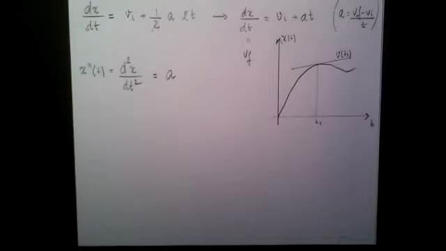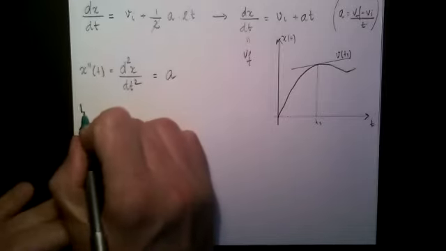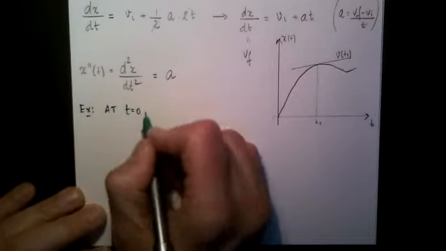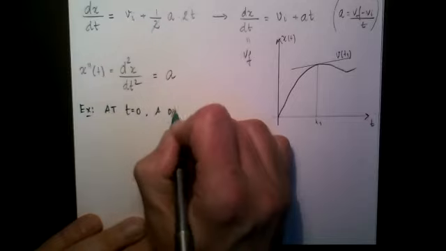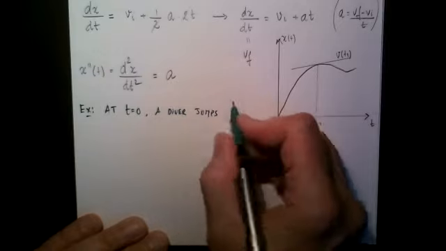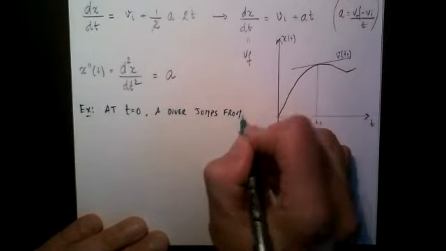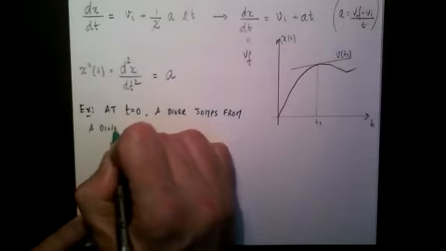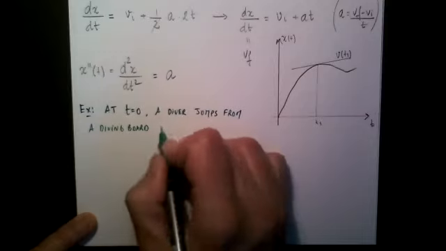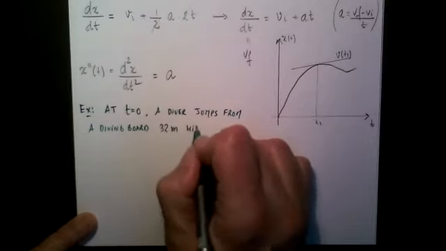Okay, let me give you a problem that I found in the book. At t equals 0, a diver jumps from a diving board (32 meters high).